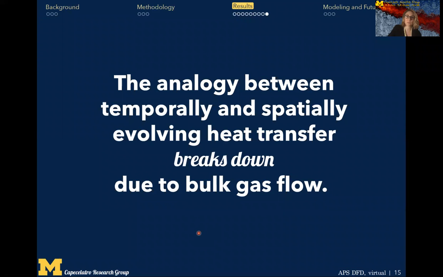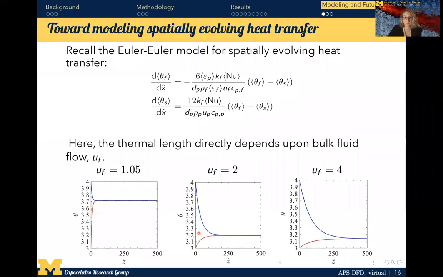But the analogy between temporally and spatially evolving heat transfer breaks down because there's a presence of a bulk gas flow. So to illustrate this, recall the Euler model for spatially evolving heat transfer shown here. And you can see that the bulk fluid flow appears here and the particle velocity appears here.